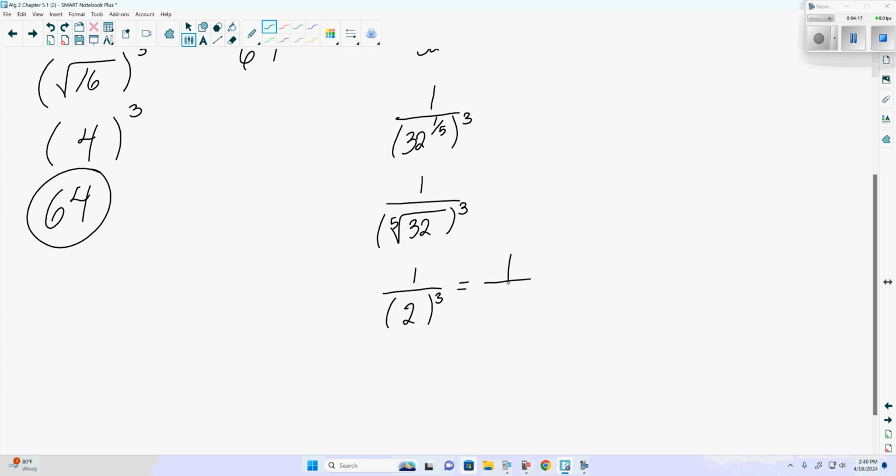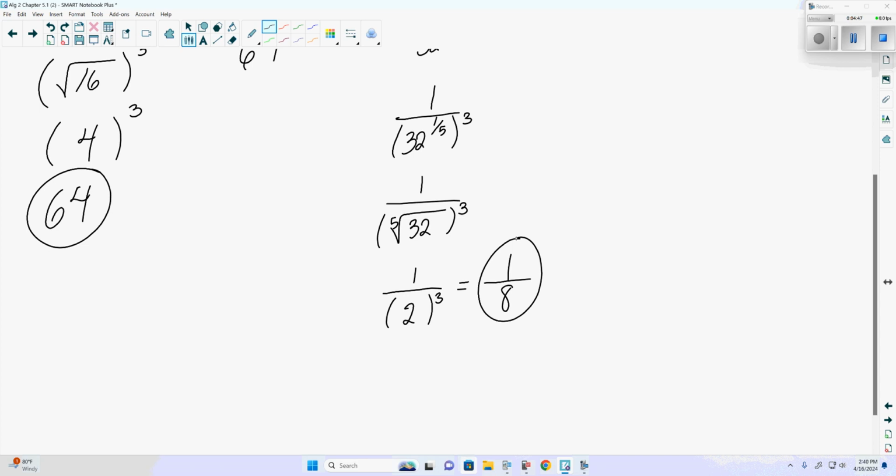Because 2 times itself 5 times is indeed 32. Now we need to cube 2, multiplied by itself 3 times, which is 8. So 32 to the negative 3/5 is 1/8. Questions on this here? We good with this here so far?